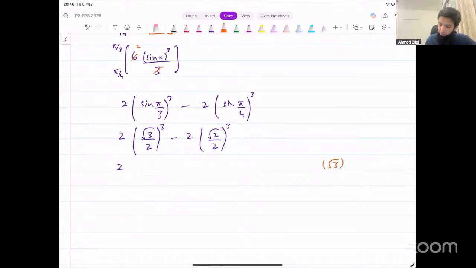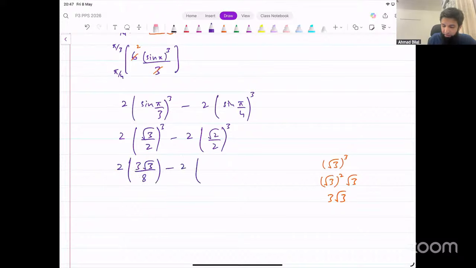Under root 3 whole cube, we could say that is under root 3 squared into under root 3, right? And that becomes 3 under root 3. So in the numerator, we have 3 under root 3. In the denominator, 2 cube is 8.